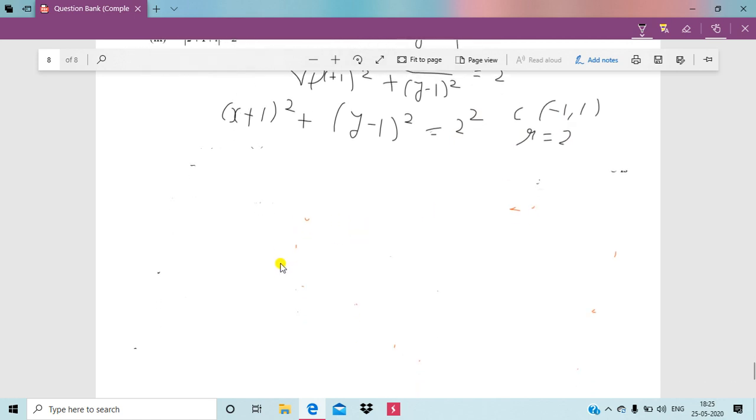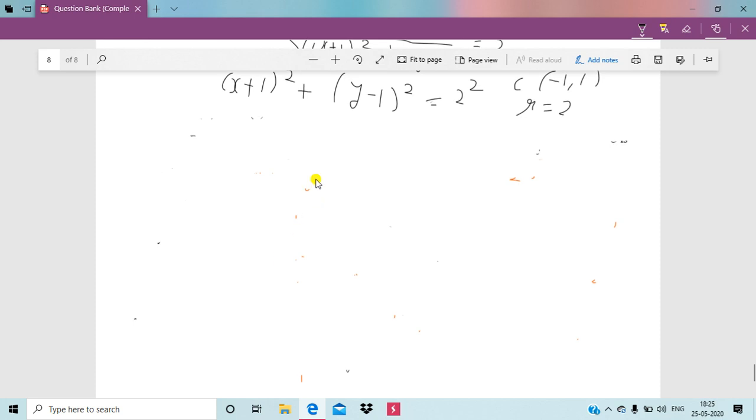So we will make a rough sketch. All right. So its center is minus 1 and the value of y is plus 1. So we'll try to make a rough sketch.